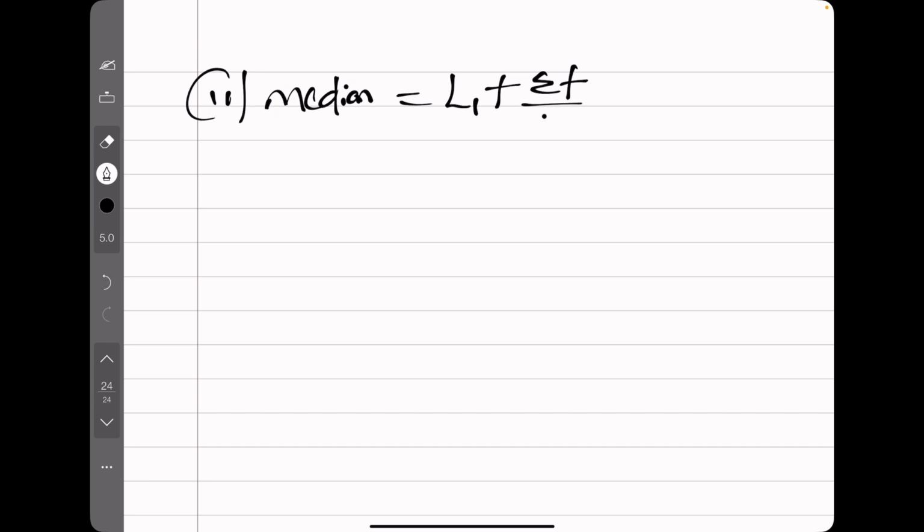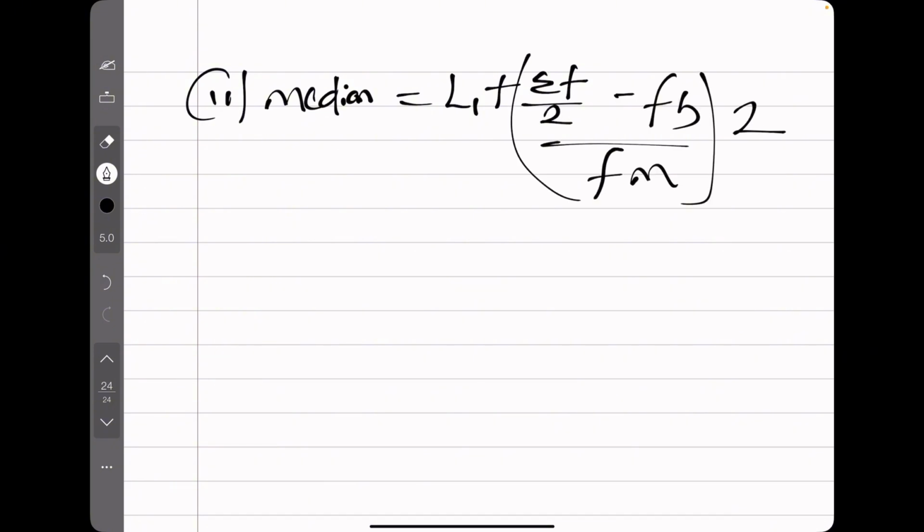So now going to the example, we have gotten our mean, we have our median. The median formula is L1 plus summation F over 2 minus FB over FM, into bracket C.